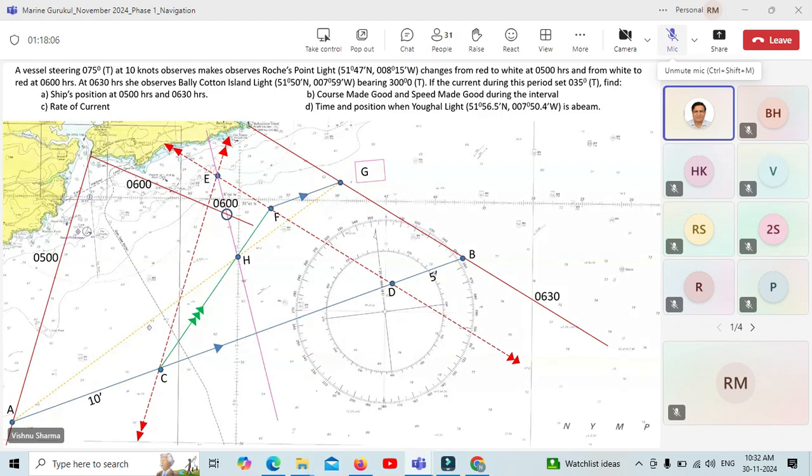Like you drew this current between transferred PLs, but that time you drew through C. Now draw this current through 6 o'clock position between the transferred PLs. That means put your compass parallel ruler on 035, the set, bring it to 6 o'clock position and draw it here like this. Have you understood what I have done, guys?